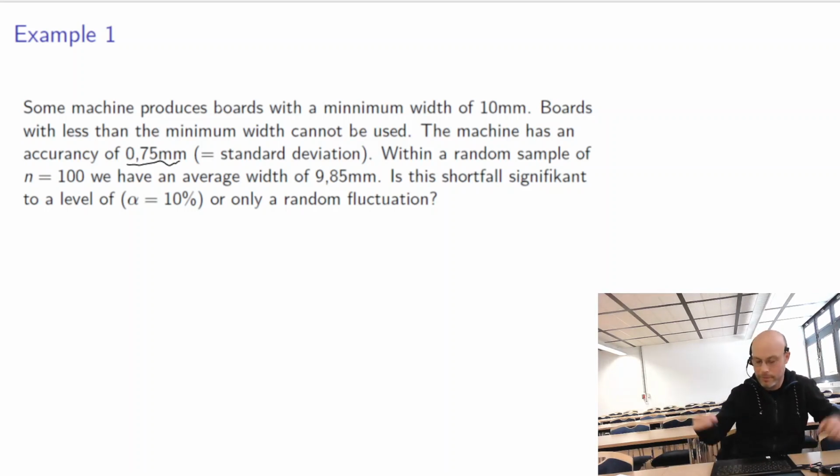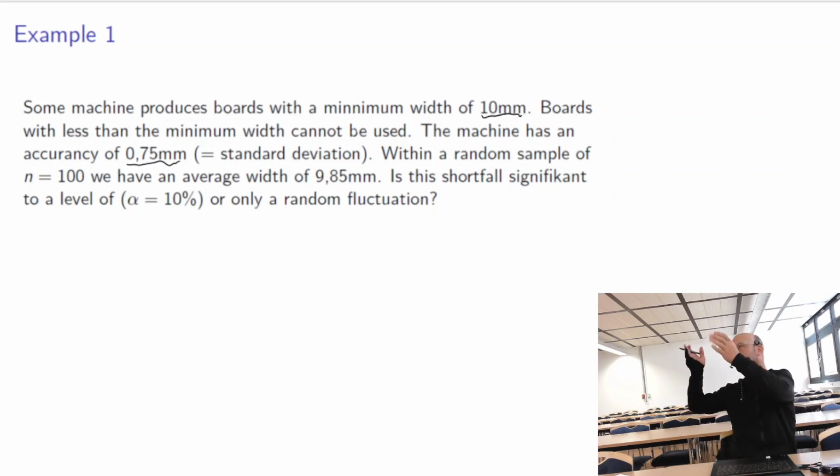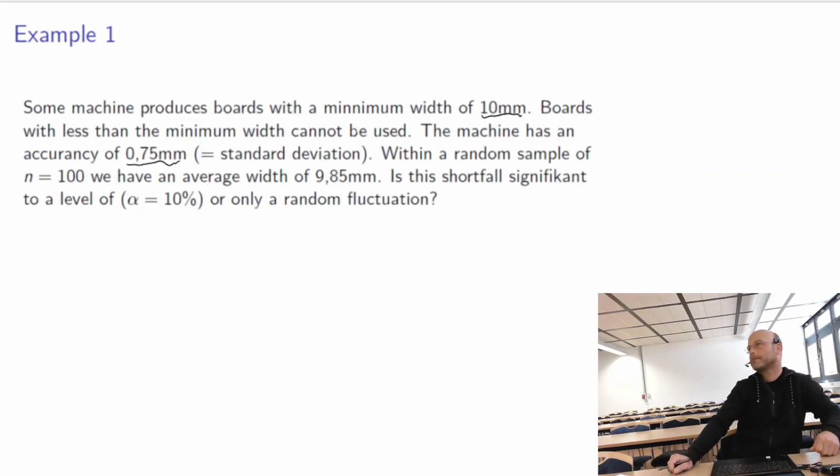So of course, in practice, not every board can be cut with 100% accuracy, but we have a fluctuation of 0.75 millimeters.